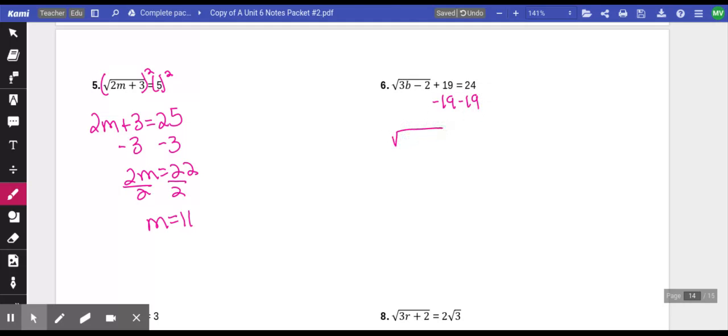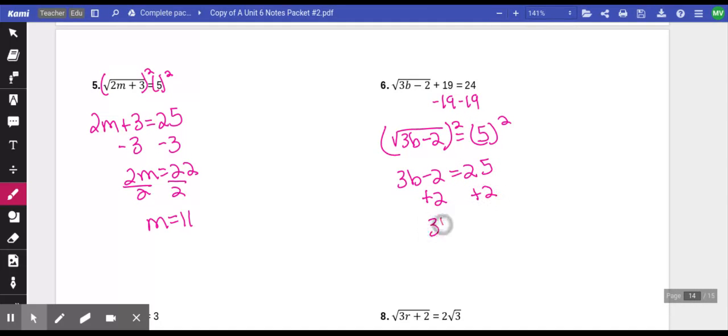I get the square root of 3b minus 2 equals 5. I now square both sides to eliminate the radical. I get 3b minus 2 equals 25. I then solve by adding 2. 3b equals 27. Divide both sides by 3, and b equals 9.